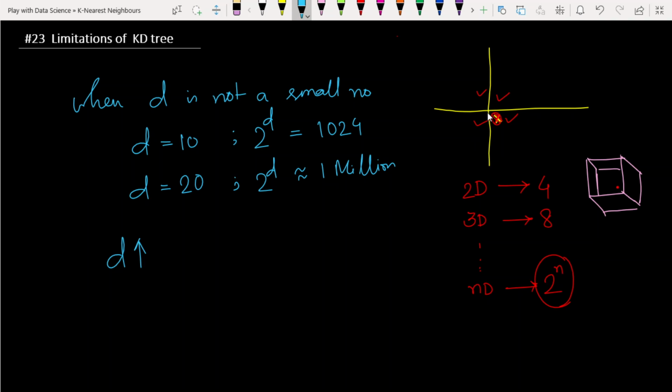If we increase the value of D, then in the worst case the number of adjoint cells increases exponentially.